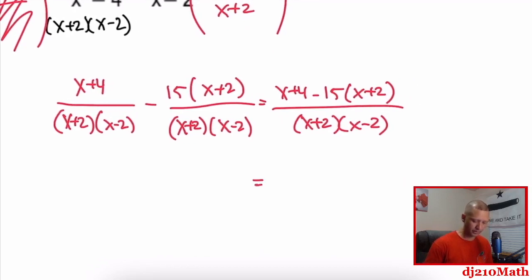All right, numerator, we've got x plus 4 minus 15x minus 30.